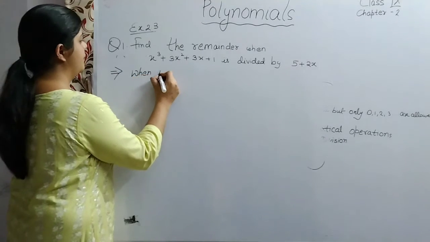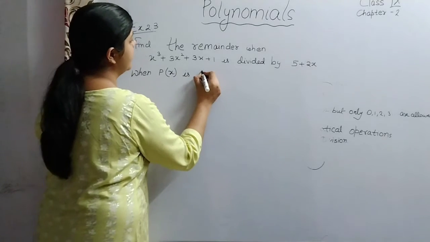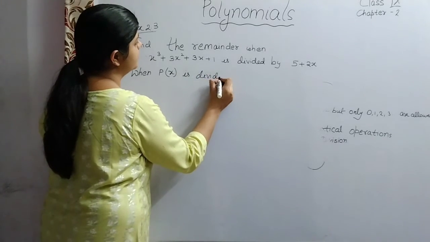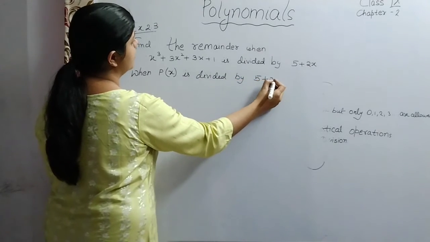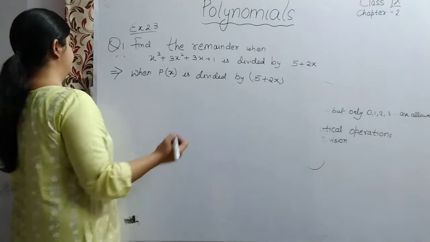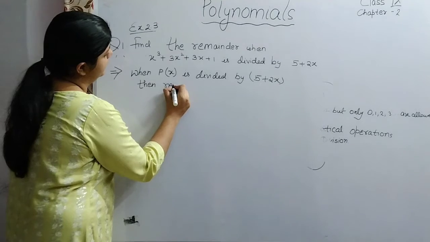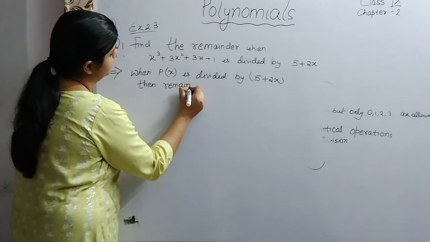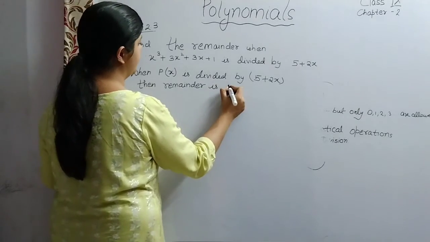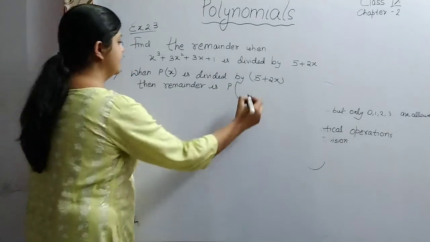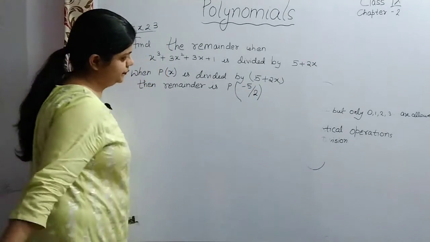When p(x) is divided by 5 plus 2x, then the remainder is p(minus 5 upon 2).